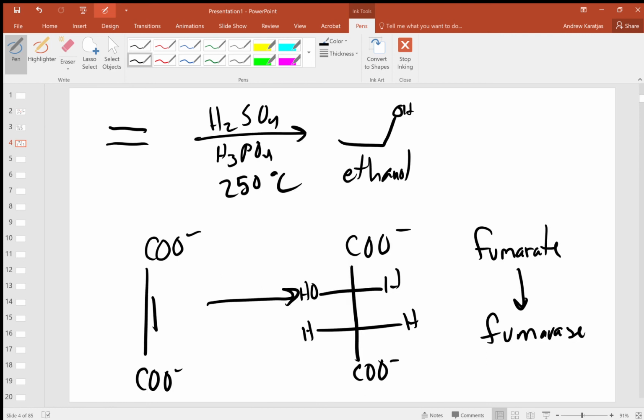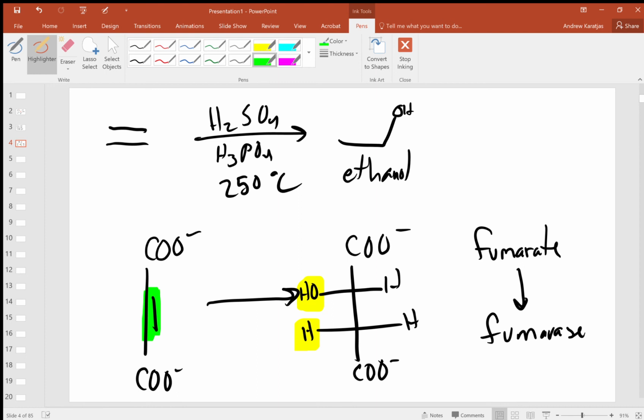And you can see that on one carbon we've added an OH, and on the other carbon we've added a hydrogen. It didn't matter which side because this starting alkene is symmetric. But again, the net result is the addition of water, and this is one of the steps we find in the citric acid cycle.